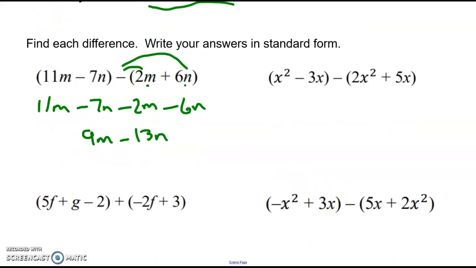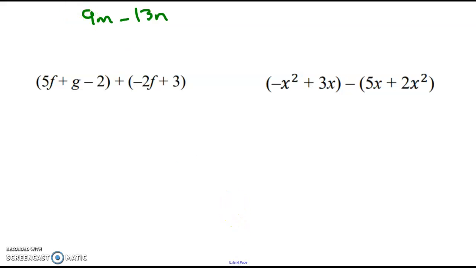And then to wrap things up here for our video, I'll do this fourth example with us. Negative x squared plus 3x minus 5x plus 2x squared. Okay, so I'm going to leave this first one the same. Negative x squared plus 3x. Distribute the negative, so I get negative 5x minus 2x squared.